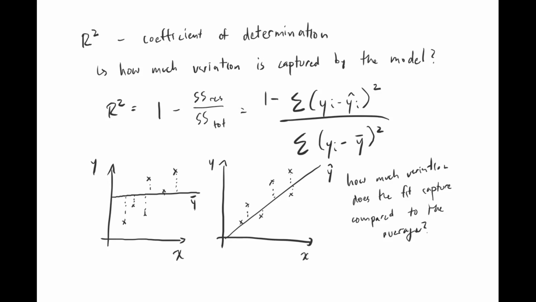And so the R squared is handy because by creating this ratio, which is always going to be between 0 and 1, you can very simply and crudely create a standard metric across any set of models.